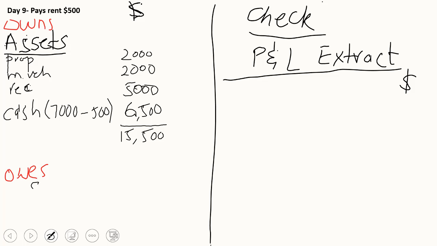What was the original capital? 10,000, and what increased that capital was profit. But now look at it. Business has paid rent. It's an expense. So expense has increased. Will that affect profit?